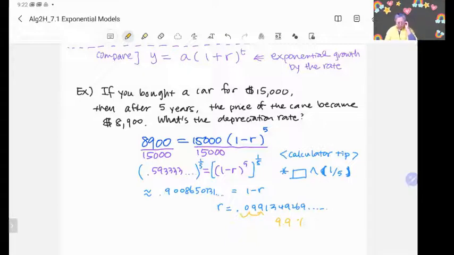Or if you can answer the rate by itself in decimal form, you can just leave it as 0.099, and it must have the instruction on what place to round to. Okay, any questions? Okay, then we will move on.